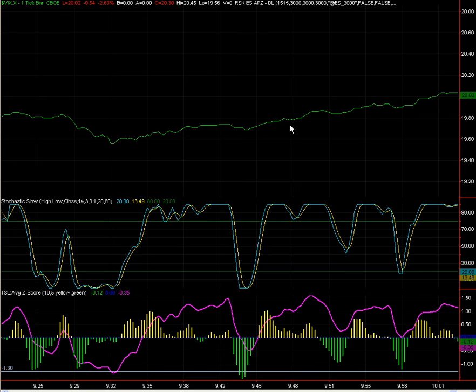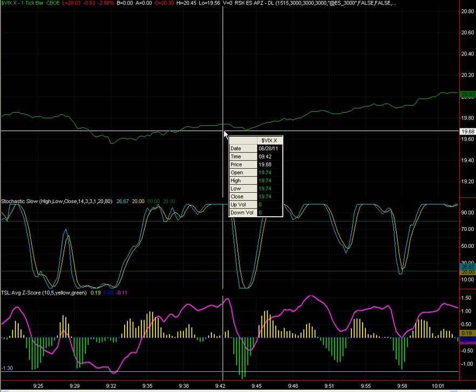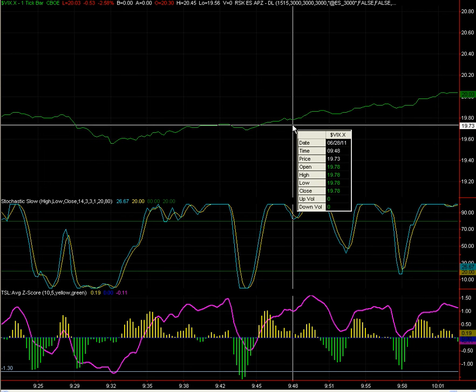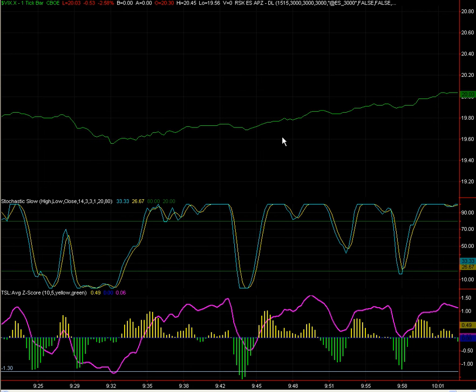Say the Spoos come down to this low, they test the low, and then they turn back up. So measure the low, the price of the Spoos, and look at the price of the VIX. If the VIX goes higher but the Spoos do not immediately go lower, rest assured that they probably will. High probability.